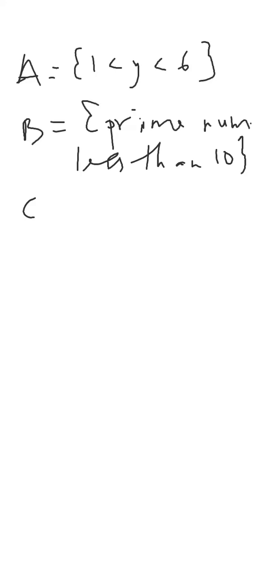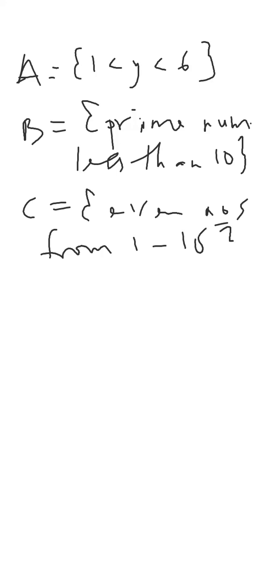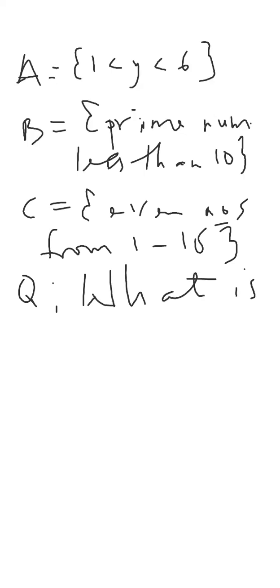Then C is equal to even numbers from 1 to 10. That's the question. The question now says, what is A intersection B intersection C?